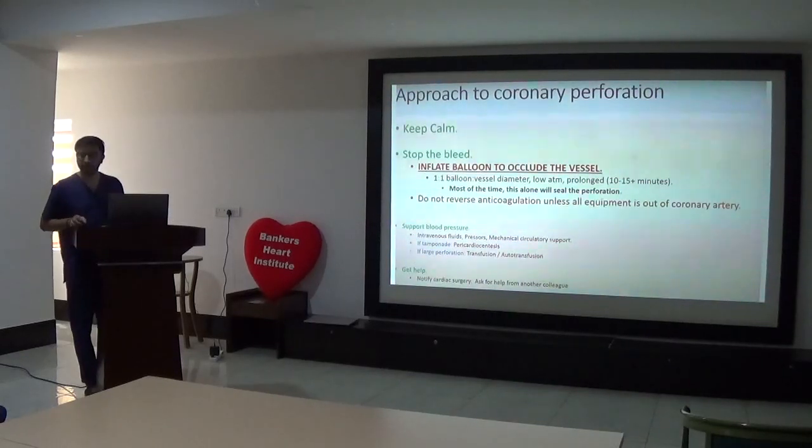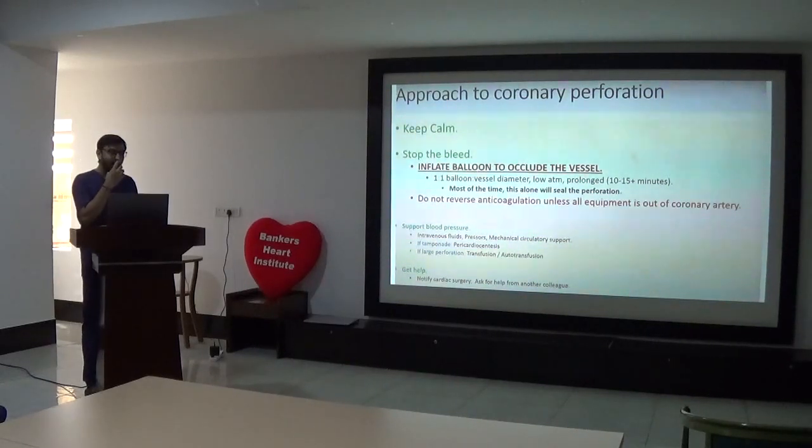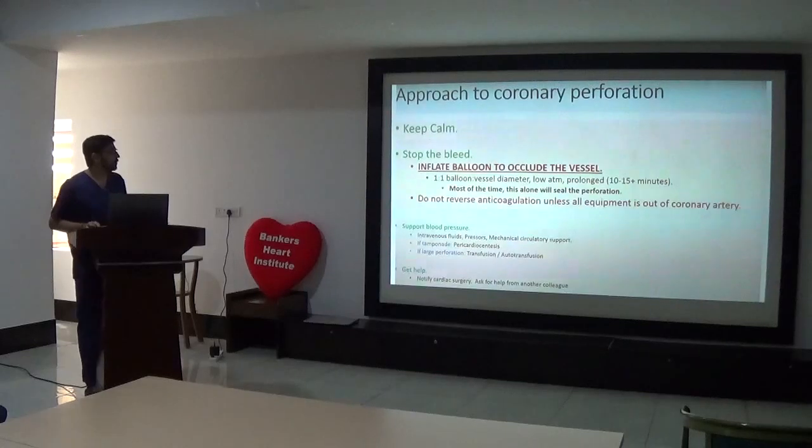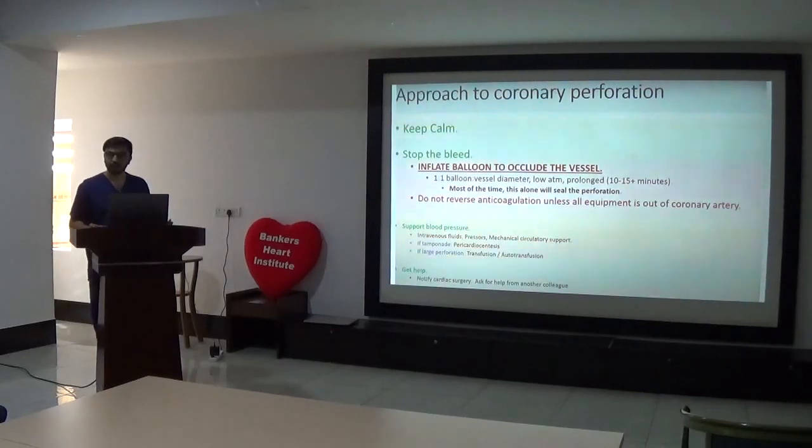Make sure the balloon to vessel ratio is 1:1, a 1:1 balloon diameter at low atmospheric pressure. Don't use a high pressure balloon at the site of perforation. Only a 1:1 size balloon at low pressure for 10 to 15 minutes. Majority of the time it will seal the perforation.